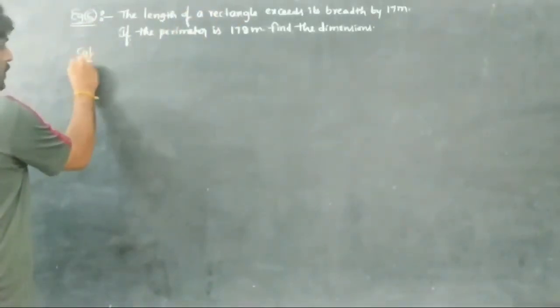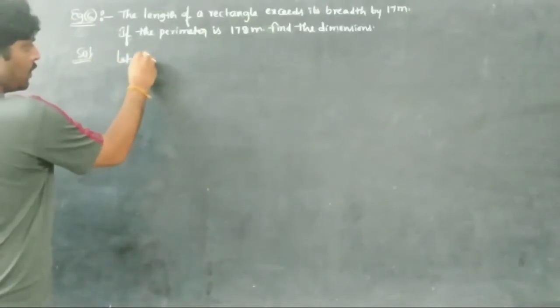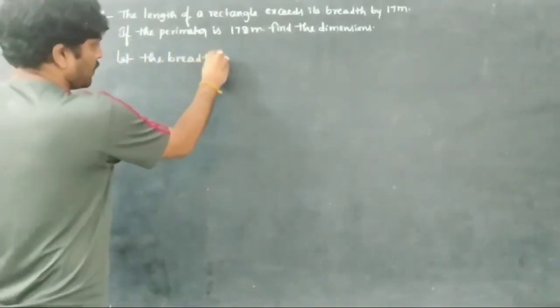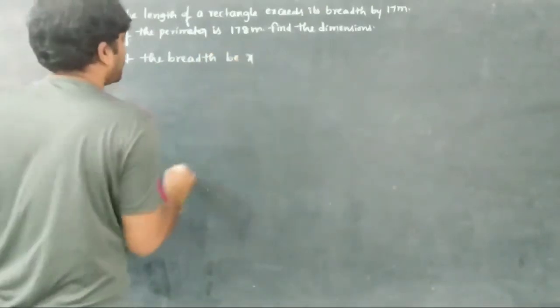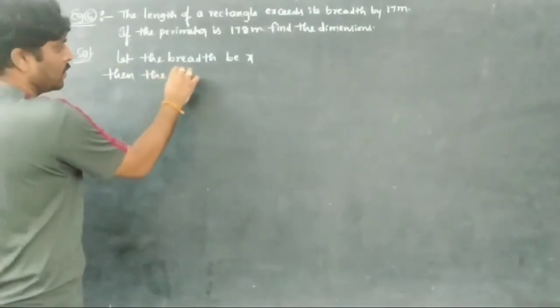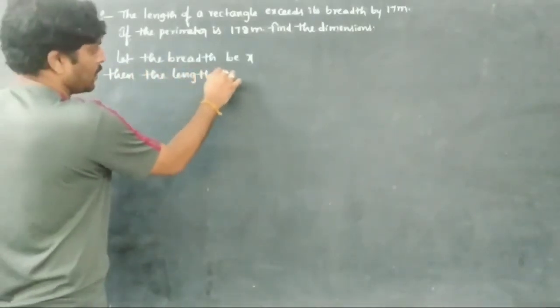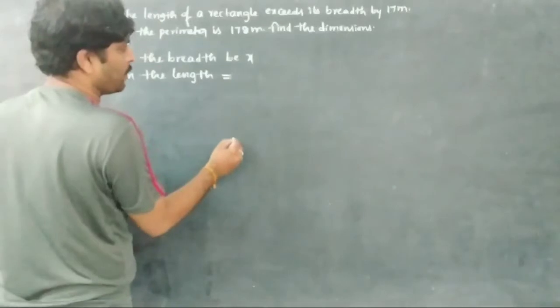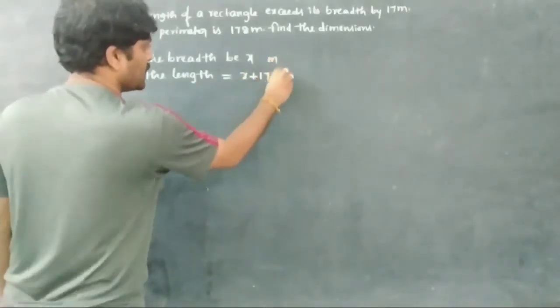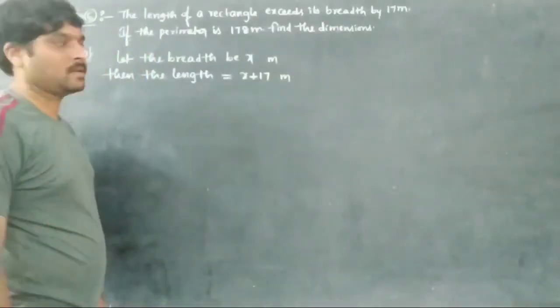Now the solution starts with, let the breadth be x, then the length exceeds its breadth by 17. So x plus 17. It is in meters. Here also it is meters.